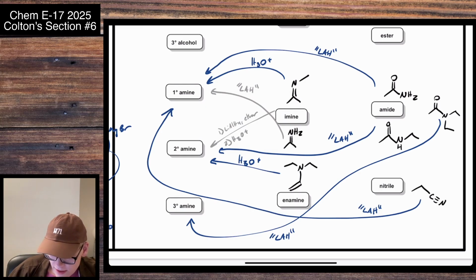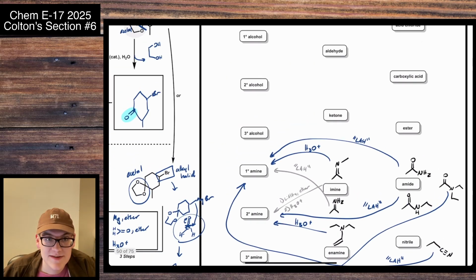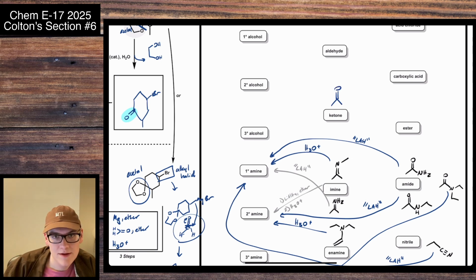Cool. So all these ones in blue are ones that you've seen ways of making amines. But now we can also make amines from reductive aminations. So imagine we had a ketone over here. Well, we can add some RNH2 with NaBH3CN at pH of about 5.